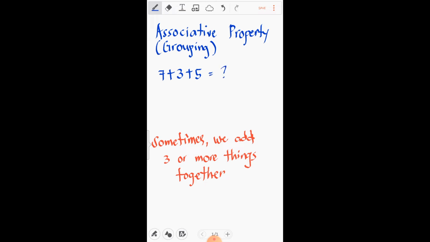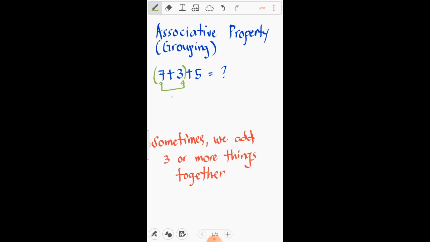One of the ways to make it easier to get the sum is to group the numbers. Say for example, I am going to group 7 and 3 first. Let's group 7 and 3. What is the sum of 7 and 3? 7, 8, 9, 10.